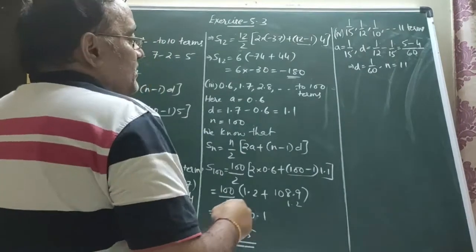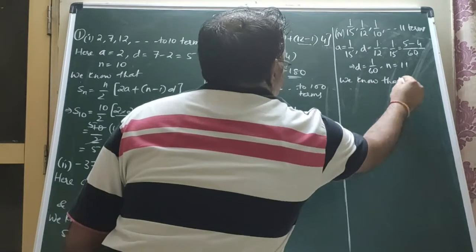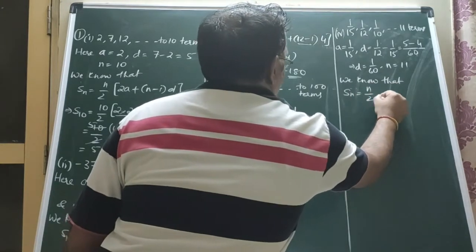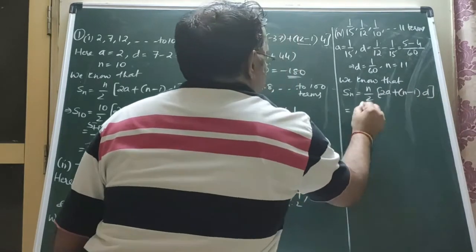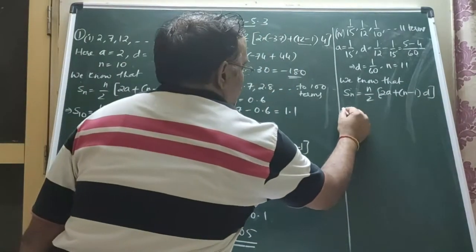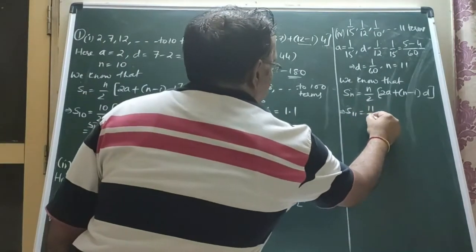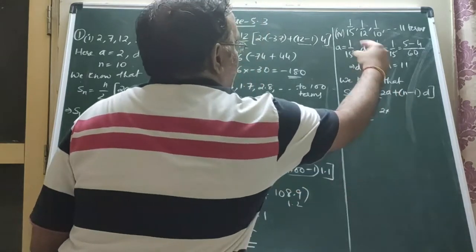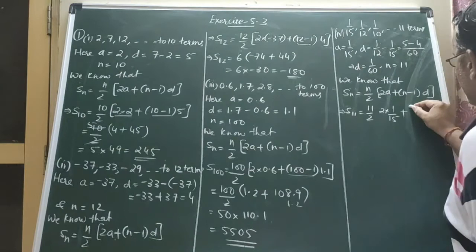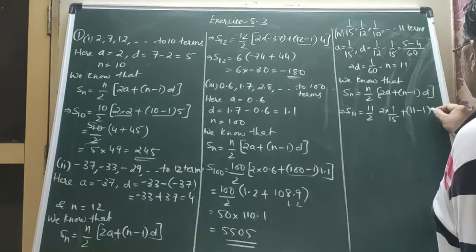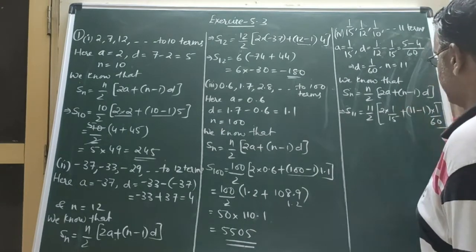Okay. Now write the formula. We know that Sn is equal to n upon 2, 2a plus n minus 1 into d. Okay. So substitute all the values. n is given as 11, so 11 by 2, 2 into a, a is 1 upon 15, plus 11 minus 1 into 1 upon 60, d. Okay.